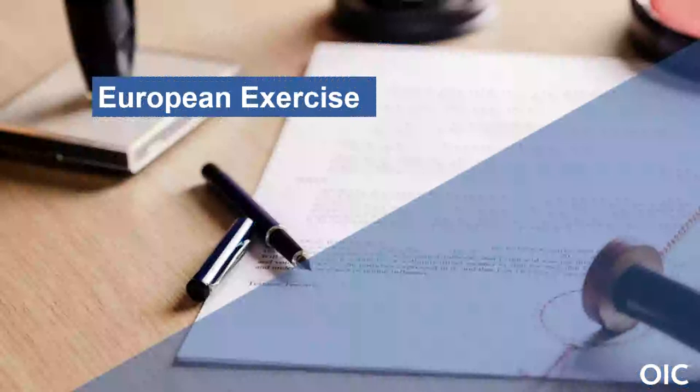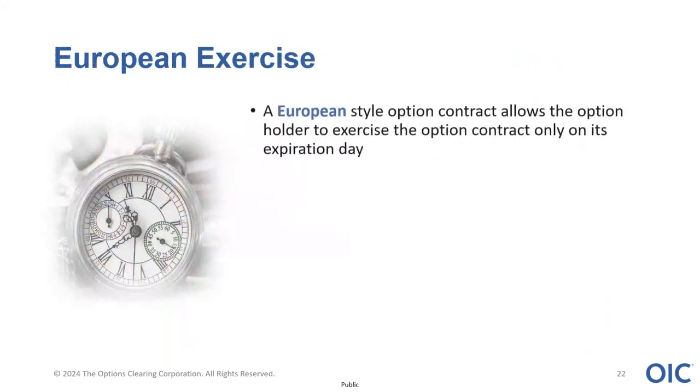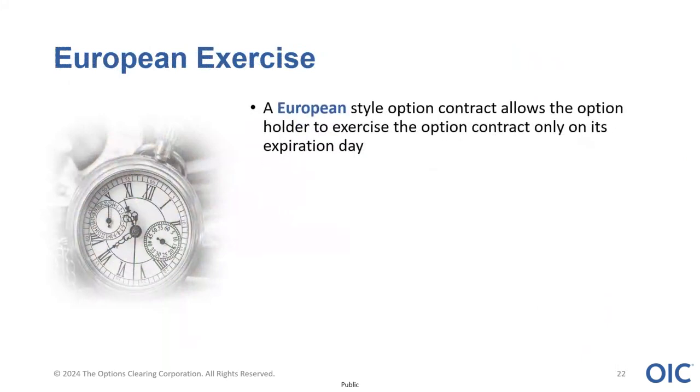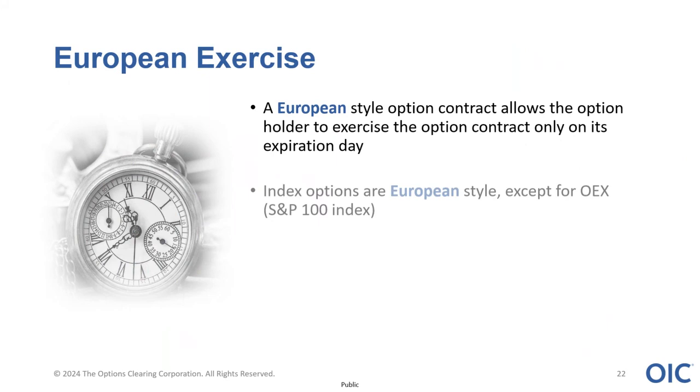All right. Let's talk a little bit about European exercise, because many of these index options are European exercise. European style options only allow for option exercise at the moment of expiry. At the moment of expiry.